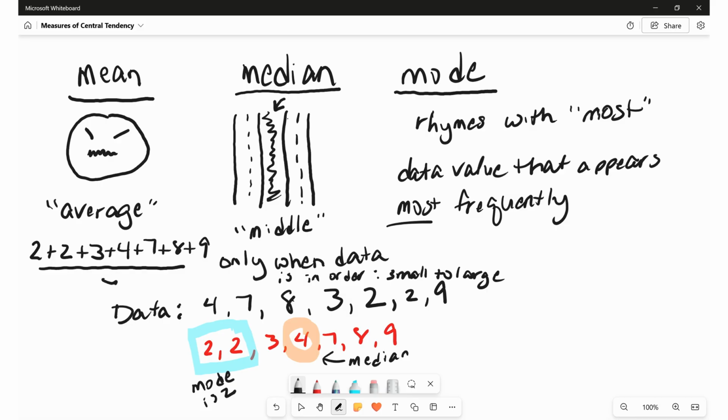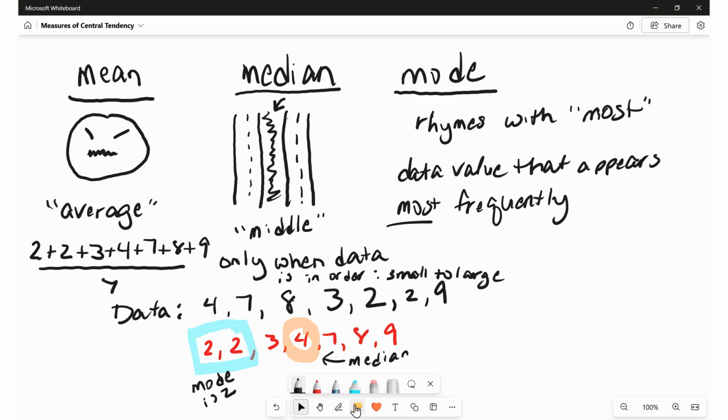In this case, it's 7. I'm actually going to work out the number for this in another example coming up, but just for now, that's what we're looking at: mean, median, and mode.